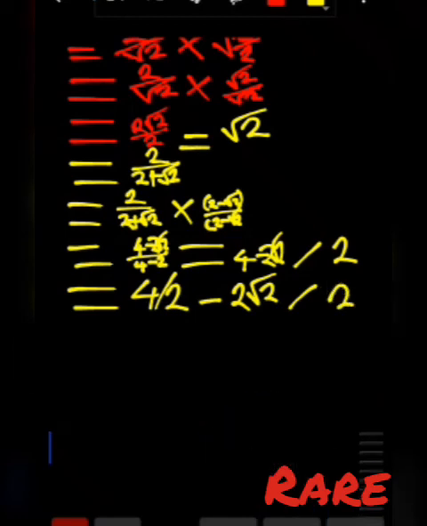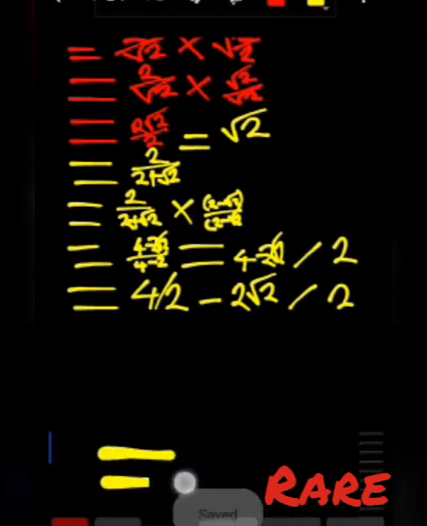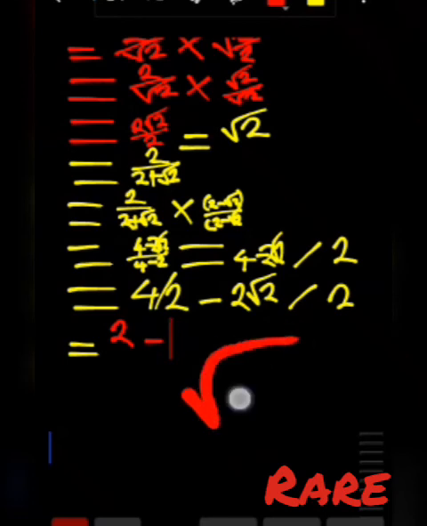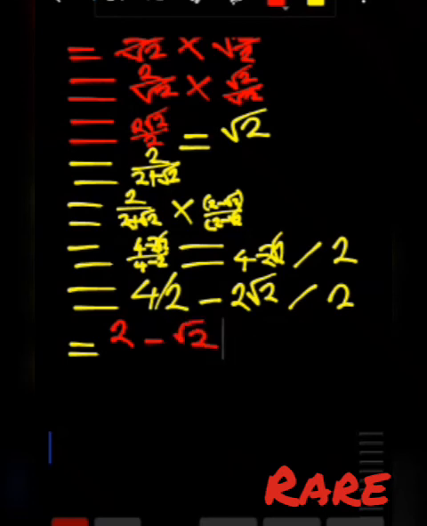Working this out, you're going to find that your answer will be 2 minus the root of 2. So that's the answer. This is how you can do it when you're told to rationalize the denominator. So you can rationalize it just like this. It's fine. I hope you learned something.